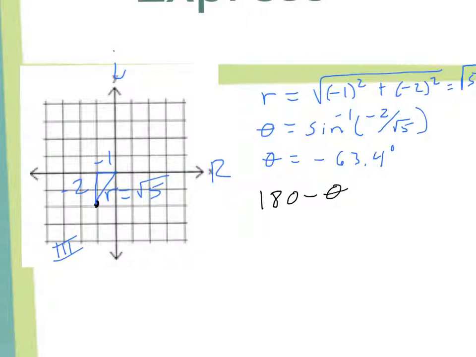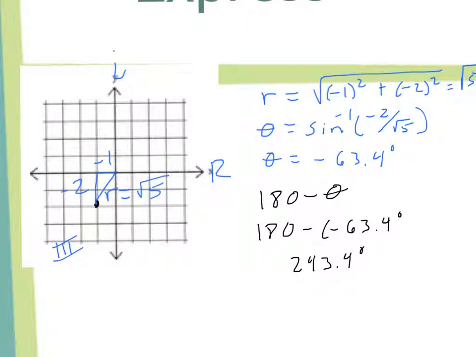So we take 180 and subtract negative 63.4 degrees. That gives us 243.4, which is a much better answer as it's right where we expect it to be, down in quadrant 3.